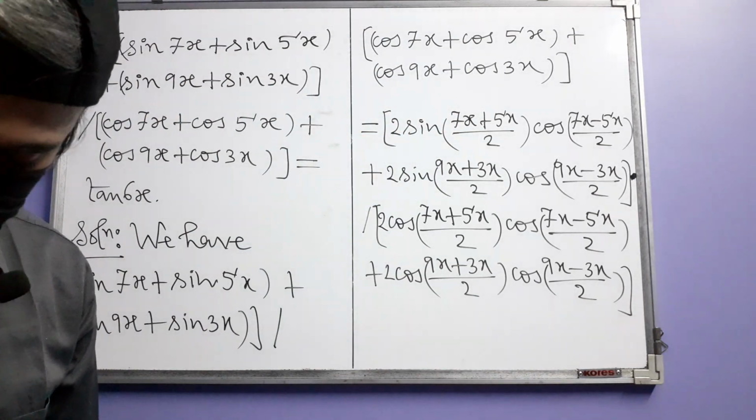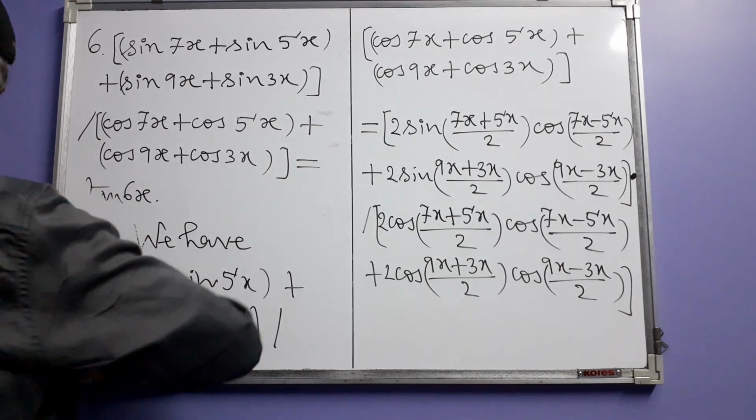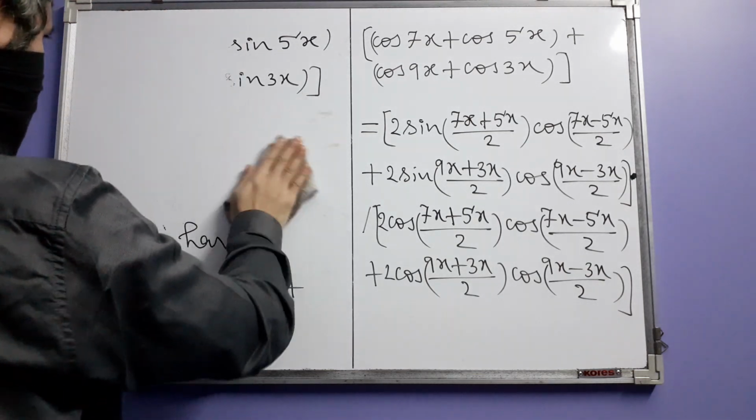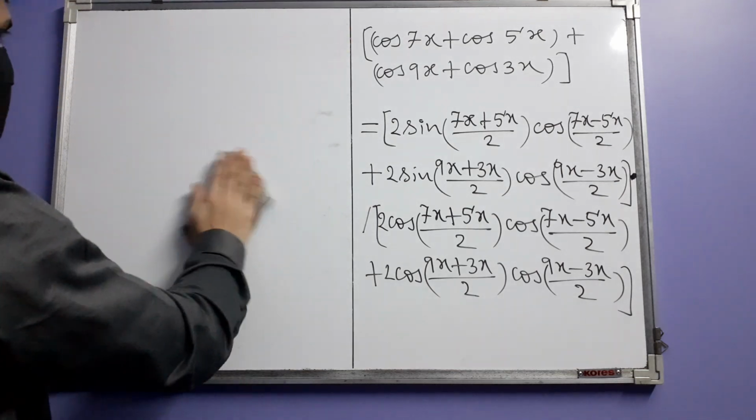Alright, so if we now simplify the angles, 7 plus 5 is 12. 12 divided by 2 is 6.